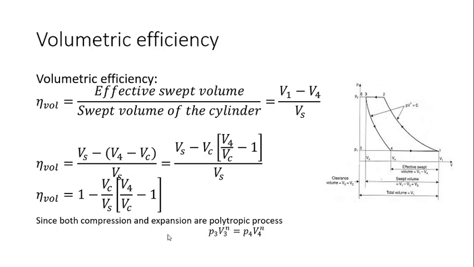For that, we know that this compression and expansion are polytropic, so we can write P3 V3 raised to n is equal to P4 V4 raised to n. So the process 3 to 4 is a polytropic process. So at the point 3, P3 V3 raised to n is equal to, at the point 4, P4 V4 raised to n.